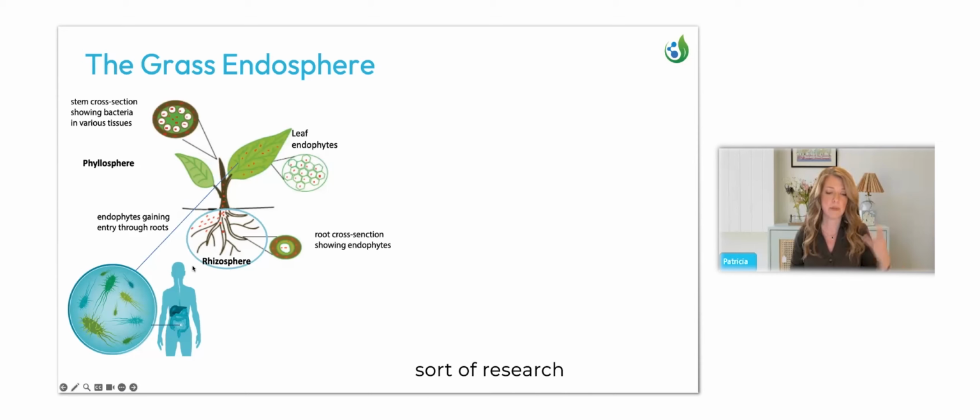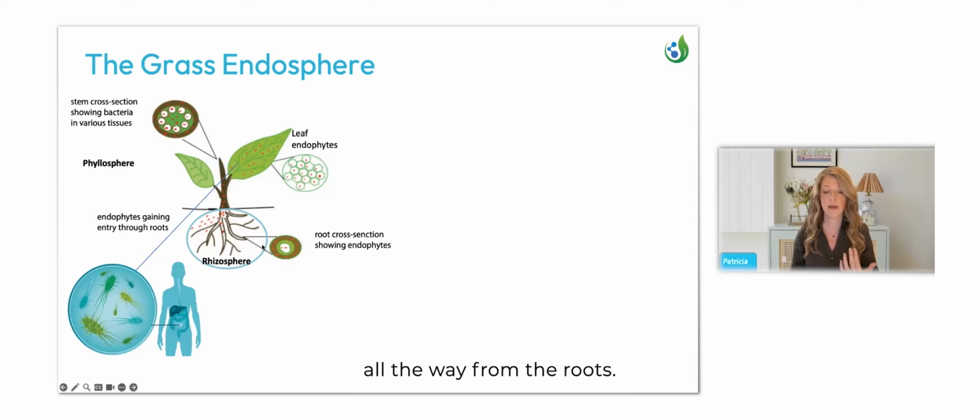There's a lot of research that had been done on the rhizosphere. That was the first zone of research that began in microbials for plants. And most importantly, plants have an endosphere. So the endosphere is like our microbiome. It's on the inside. And this is where microbial inoculants that target the endosphere would work.